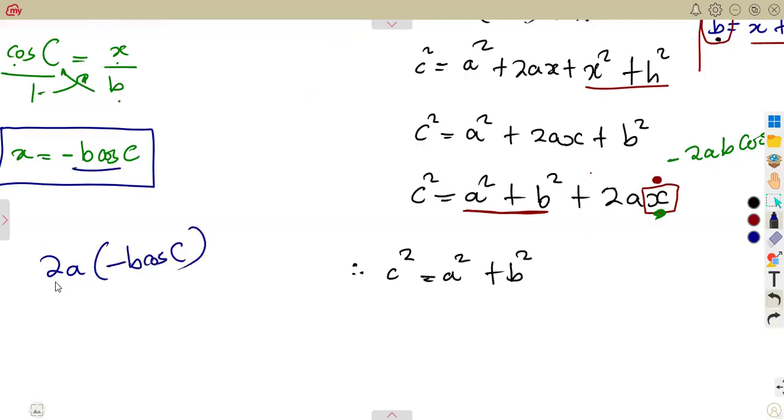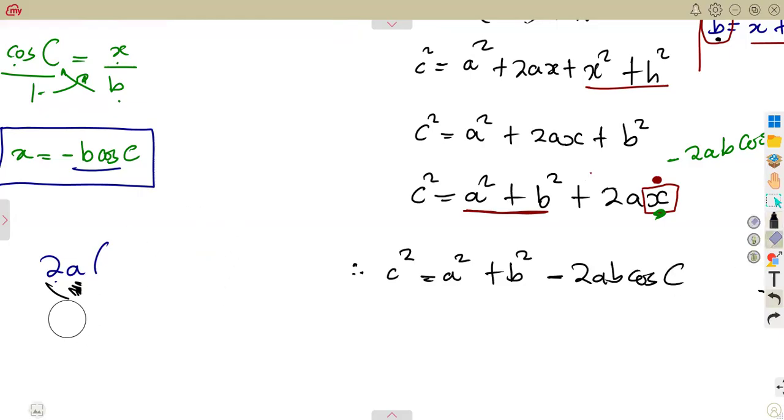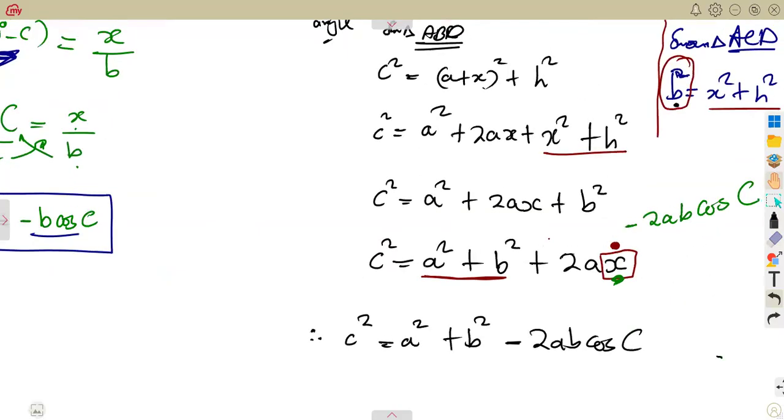So multiply this 2a by this, and it is going to give us minus 2ab, the cos of c. So this is exactly what we are supposed to have from our cosine rule.